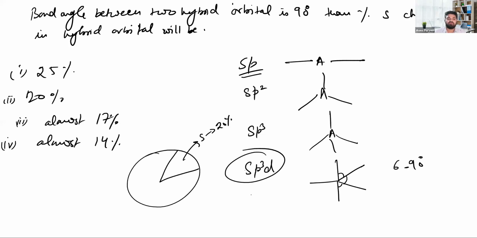Here it is 50% S, 50% P. Here 3 are there, so 33% S and 66% P. Here we have 4 orbitals, so 25% S and 75% P. Are you getting my point?